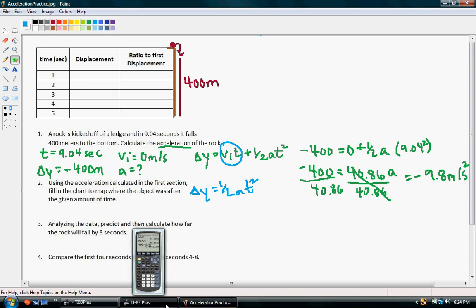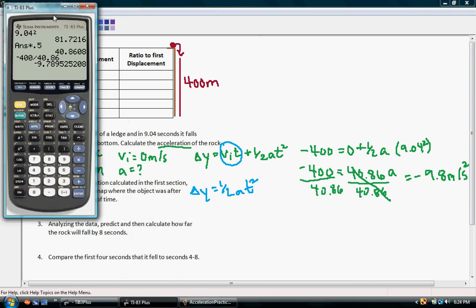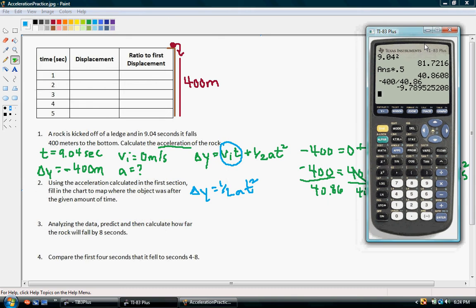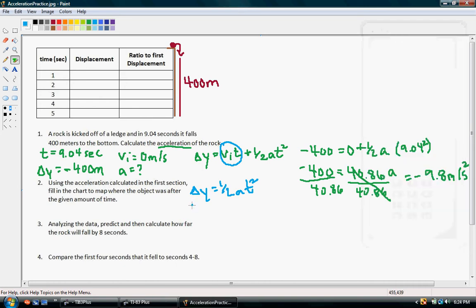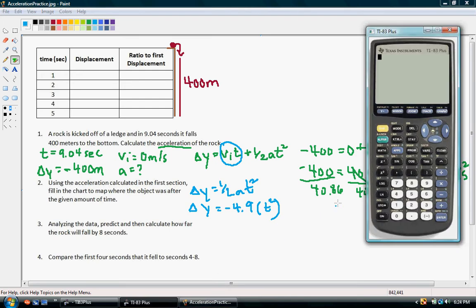So we can go ahead and do this pretty quickly in our calculator. We know that 1/2 of the acceleration, since our acceleration is negative 9.8, our delta y will equal negative 4.9 times the time squared. So we will say negative 4.9 times 1 squared, we get negative 4.9 meters.